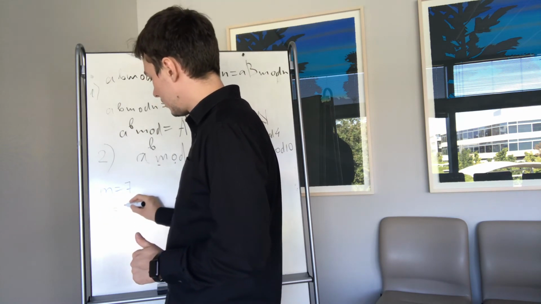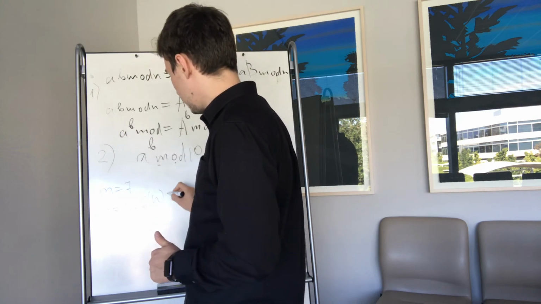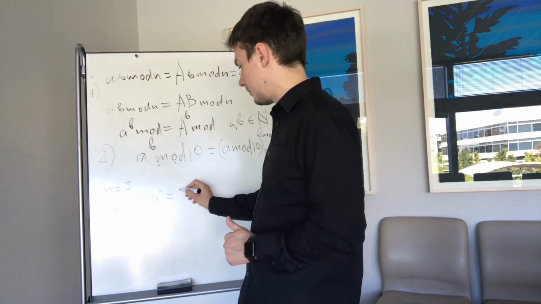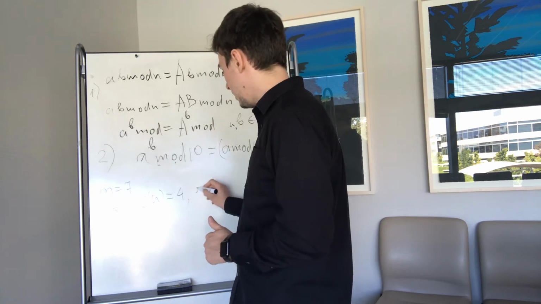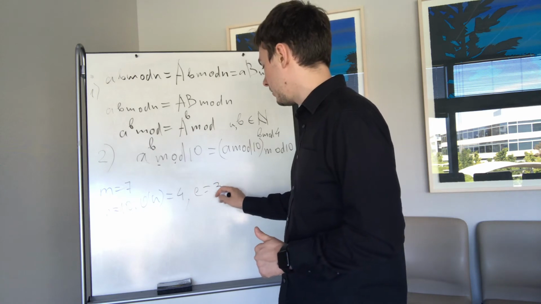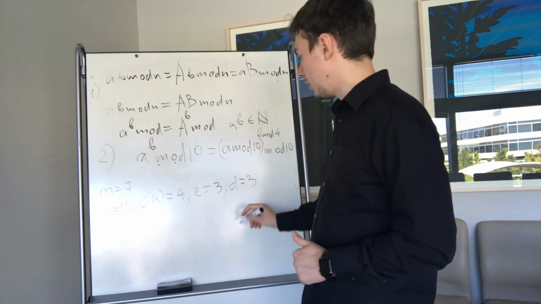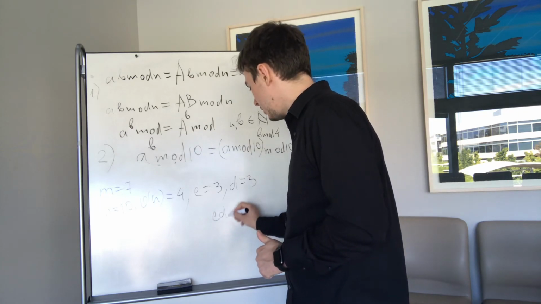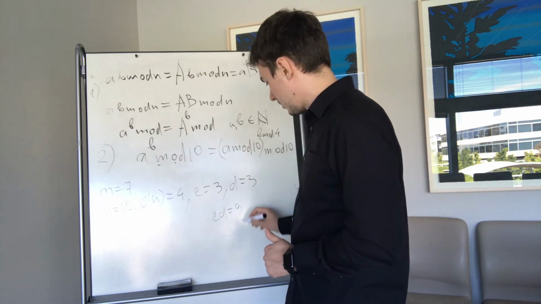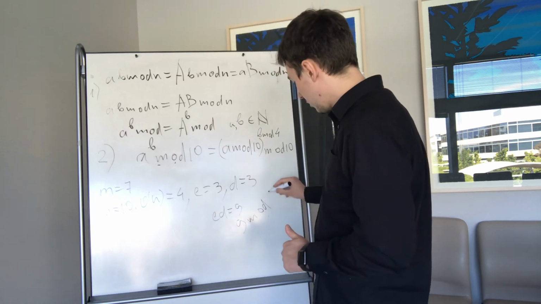N is 10, phi of N is 4, E is coprime with this, and the only coprime is 3. D equals 3 as well. Why? Because E times D equals 9, and 9 mod 4 equals 1.